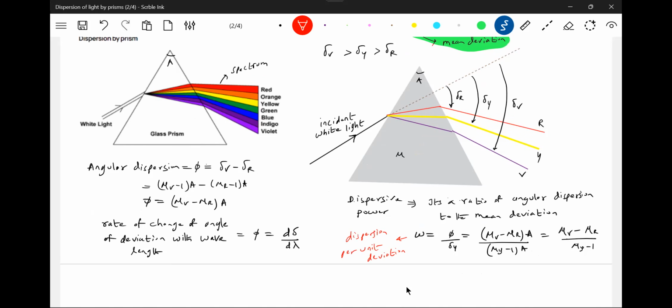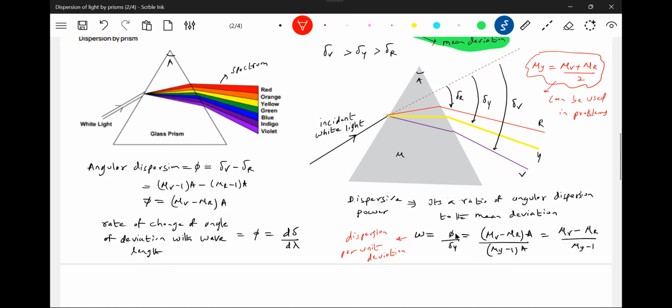Usually this mu y, where all references, then we can approximate this. It can be used in numericals, in problems.